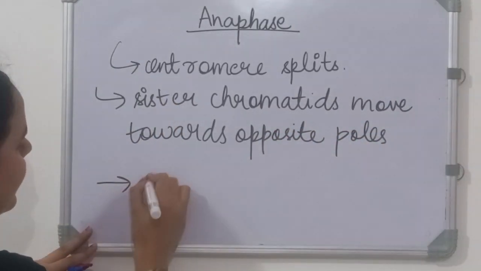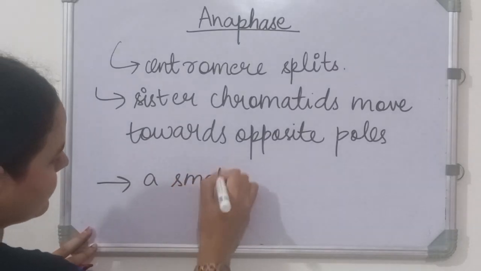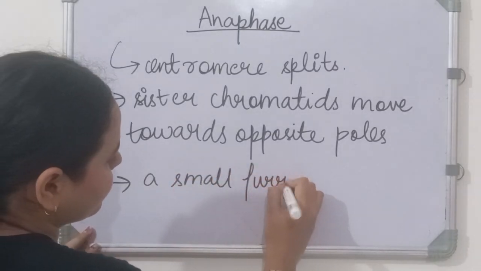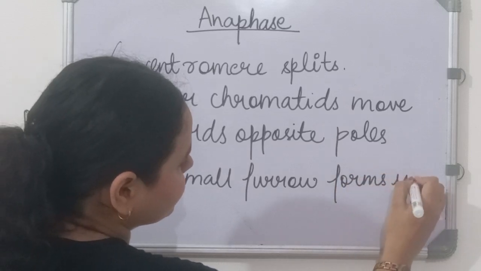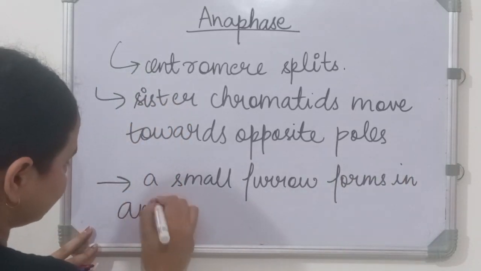Then a small furrow forms in animal cells.